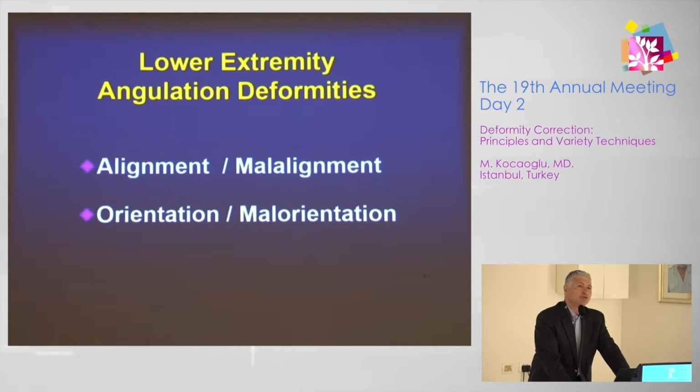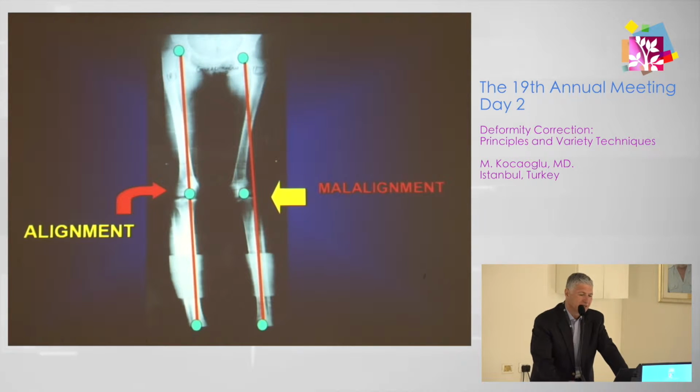So, as you very well know, there are two concepts or two definitions in deformity planning: the malalignment and the malorientation. In the lower limb it is clinically very important. The malalignment means the axial deviation, either laterally or medially, from the mechanical axis.